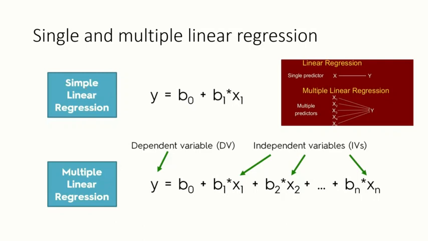As I said, if you only have 1 variable, it's called simple linear regression. You only use a 1-dimensional feature variable x1, okay, x, to explain y. So a single predictor for the y.